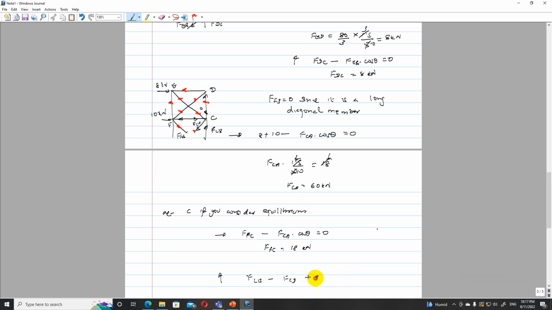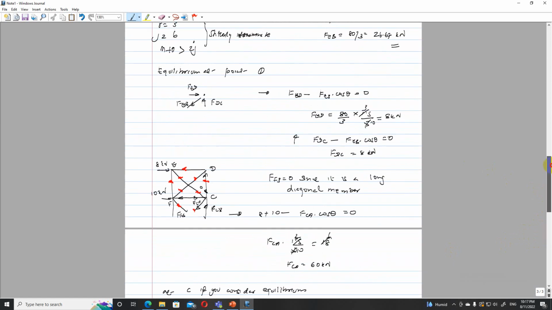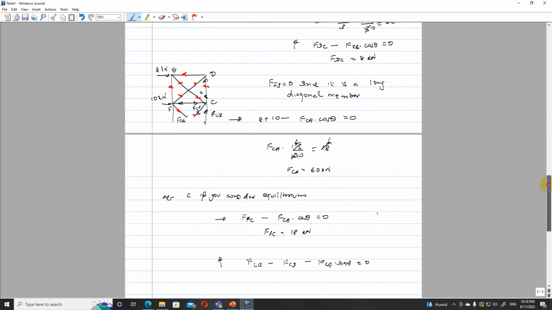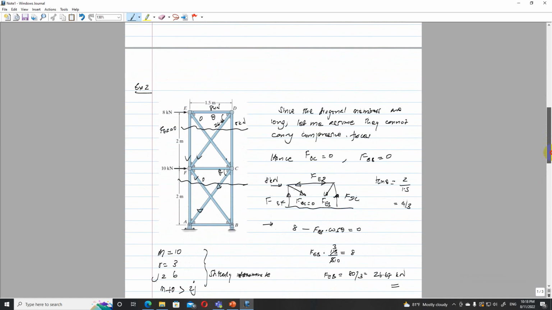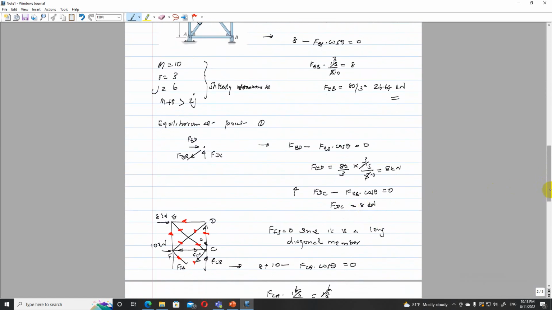So plus FCA, FCB, so minus FCA into sine theta is 0. So FCB is what we are trying to solve, and minus FCD. CD is 8. Okay, FCD is 8. Okay, FDC or CD is 8.